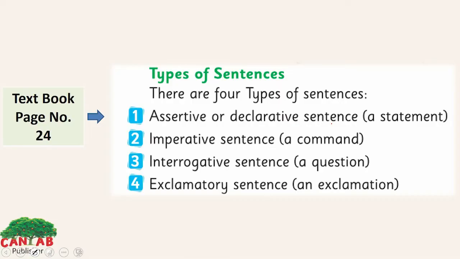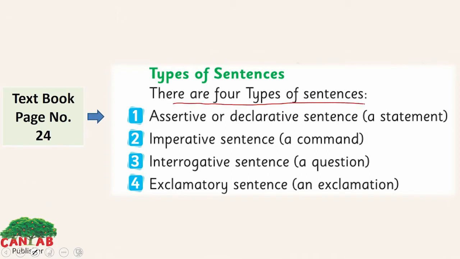In our previous lesson, we discussed the kinds of sentences, the simple and the compound, and the phrase and the clause. Now we will discuss the types of sentences. Look at the page number 24 of your textbook.